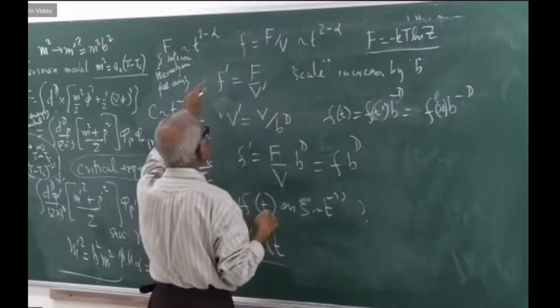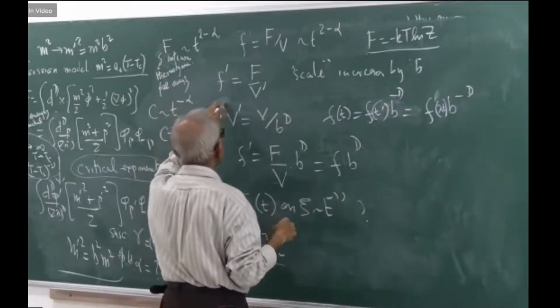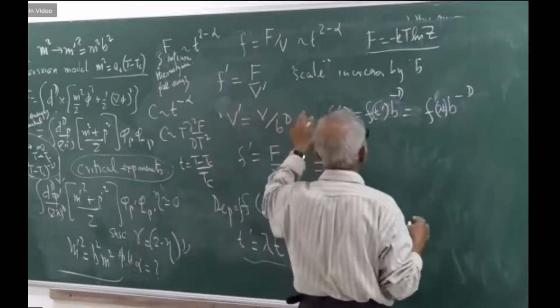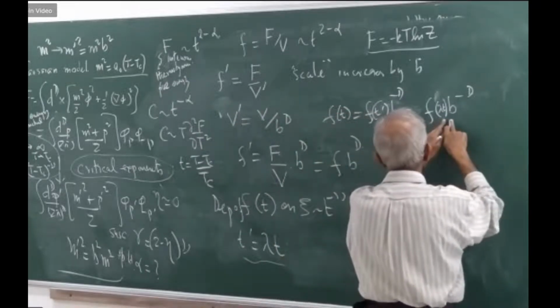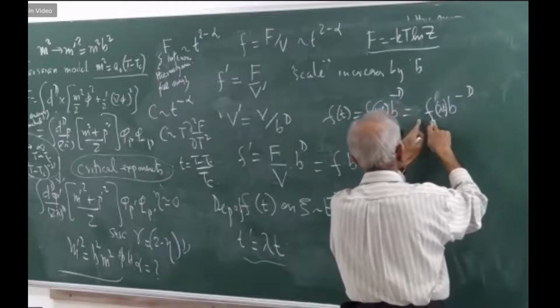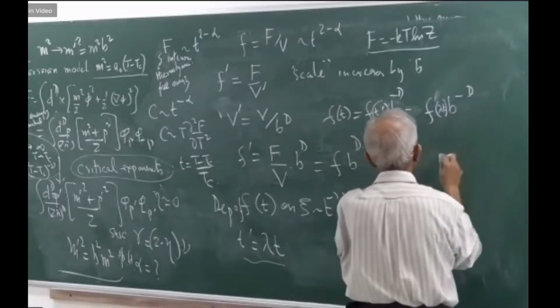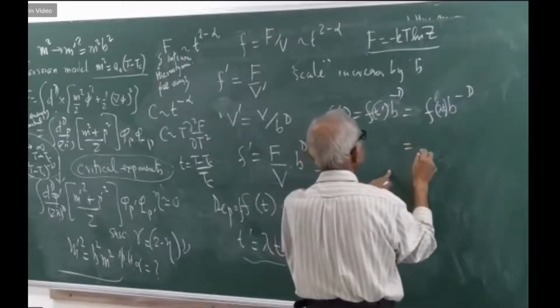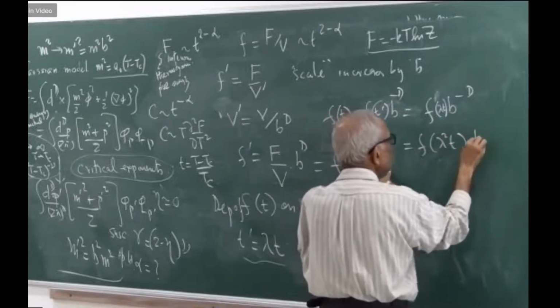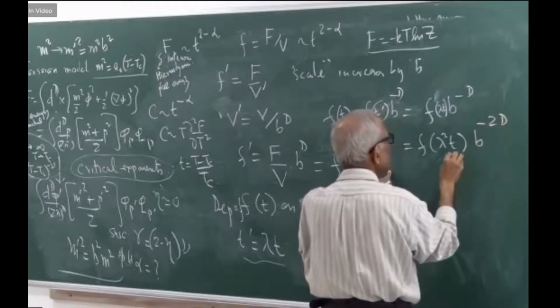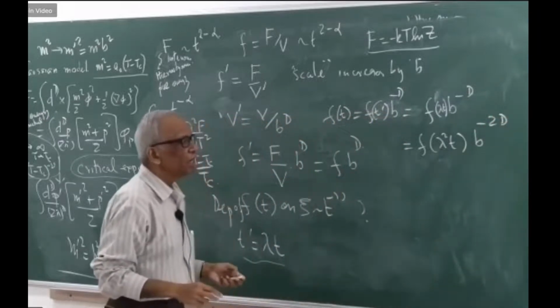That is what this step is telling you. And then f of T prime is related to f of lambda T, and then you go one more step, and it is f of lambda squared T, and then it is b to the power minus 2d, and so on.